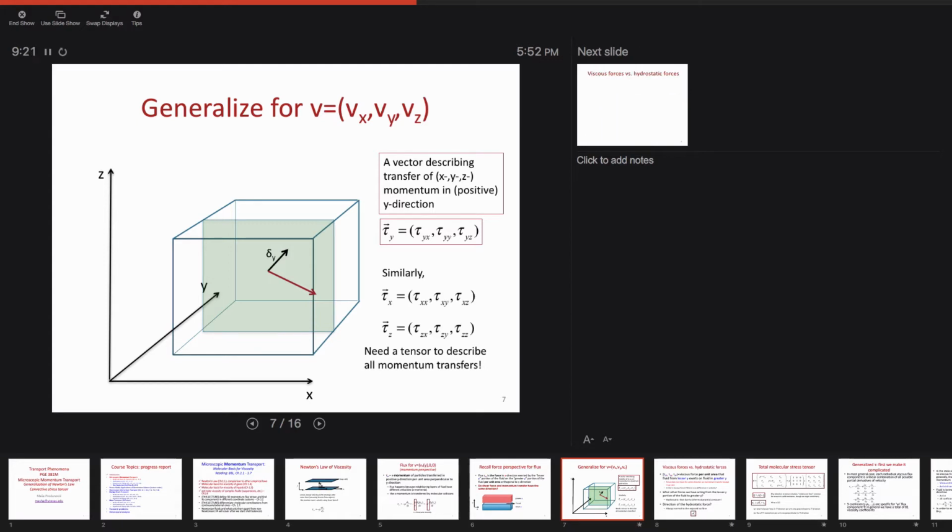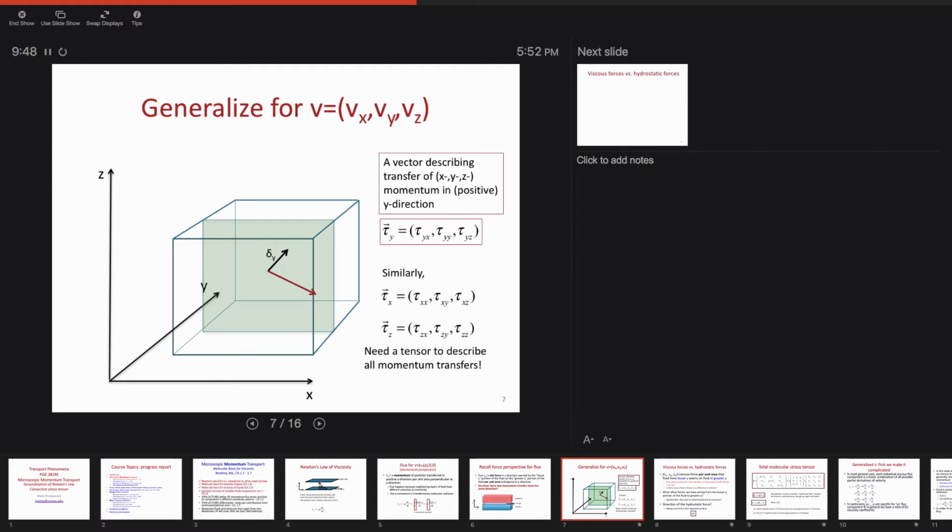But do know that it's a matter of agreement, and in a different field, it might be a slightly different agreement. So then similarly, I could look at the x, y, and z momentum and transfer it across the x plane. This x plane is orthogonal to the x coordinate, right? So I need a piece of paper. This piece of paper will do.